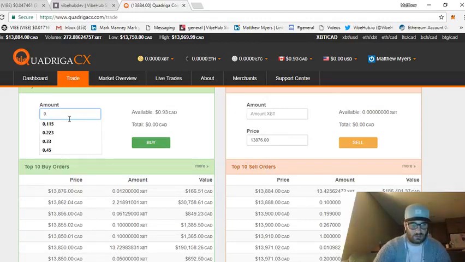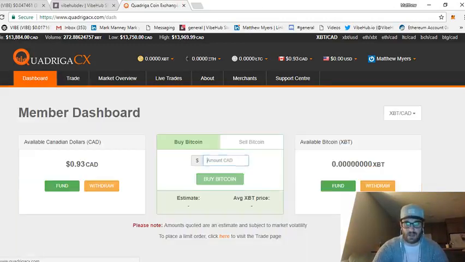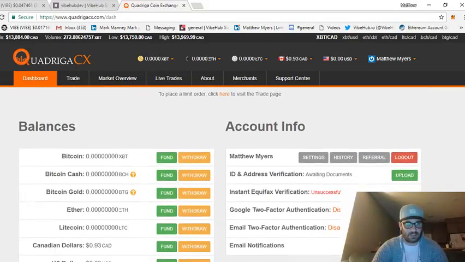So you just press buy, and then it would go through, and then you go back to your dashboard, and you'd see in your balances whatever the amount you bought. If you bought $5,000 of Bitcoin, it would show up in your Bitcoin balance as 0.5 Bitcoin, or if you bought $1,000, 0.1 Bitcoin.